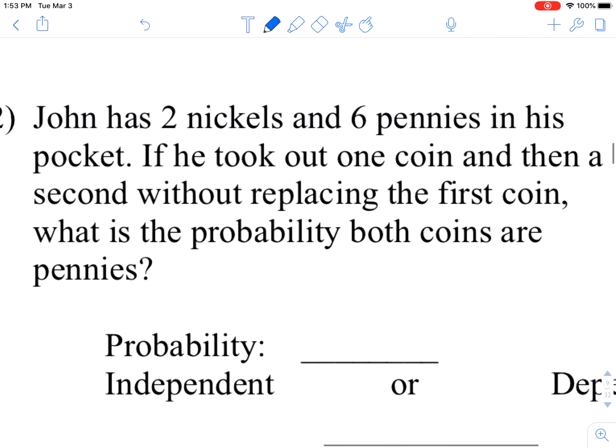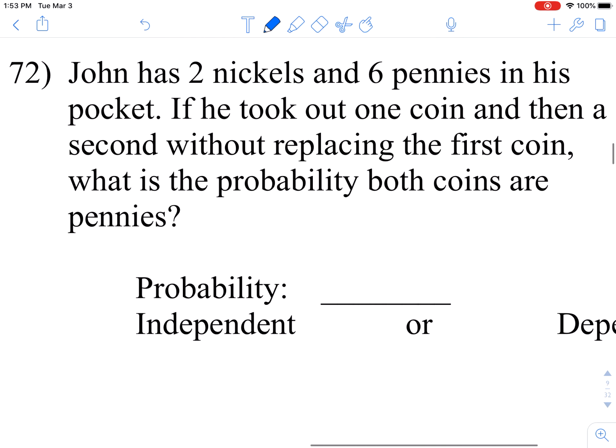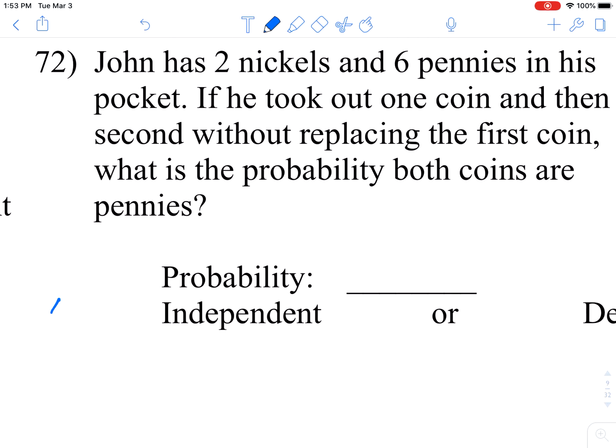If we look at number 72, it says John has 2 nickels, 6 pennies in his pocket. If he took out 1 coin and then a second without replacing the first coin, what is the probability both coins are pennies? And so we look at this and we say, okay, well, there's 6 pennies out of 8 the first time.